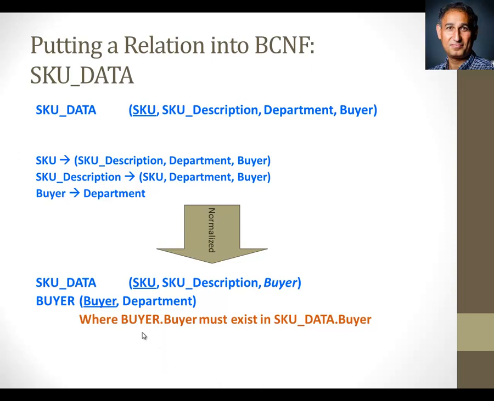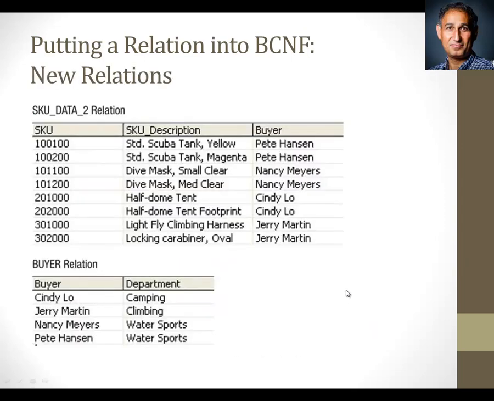So the buyer column in buyer should be the same as the buyer column in the SKU data. If we view the two relations or tables, they should look like this. A relation for SKU data with a primary key SKU and a foreign key buyer, and a relation for buyer with a primary key buyer.